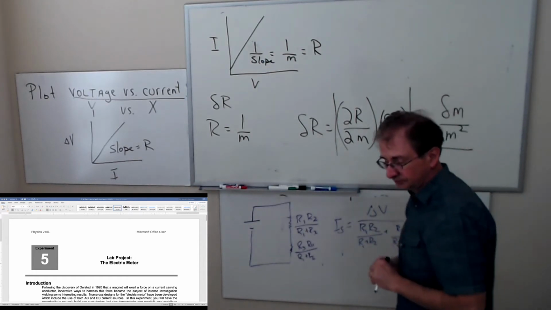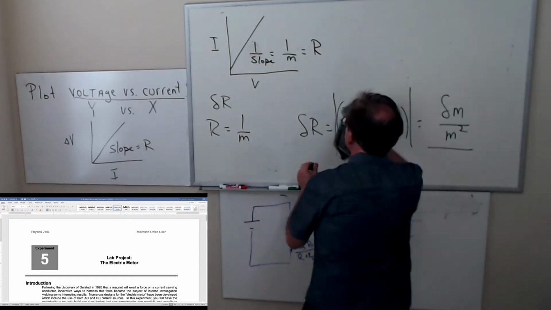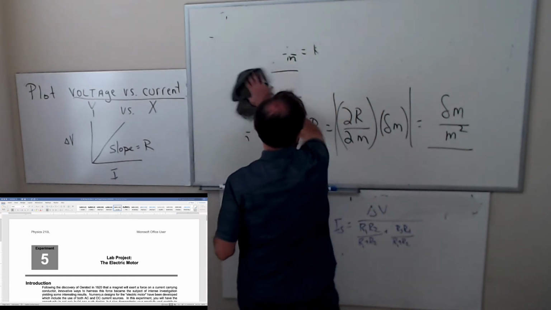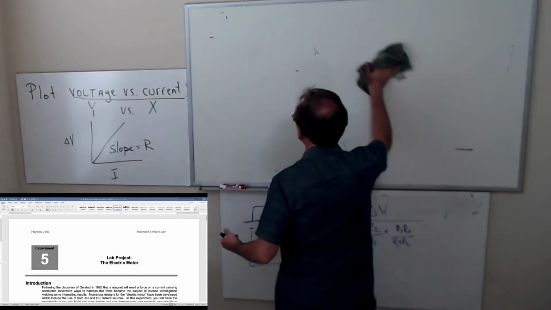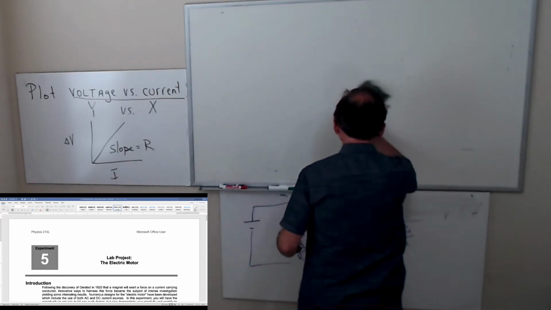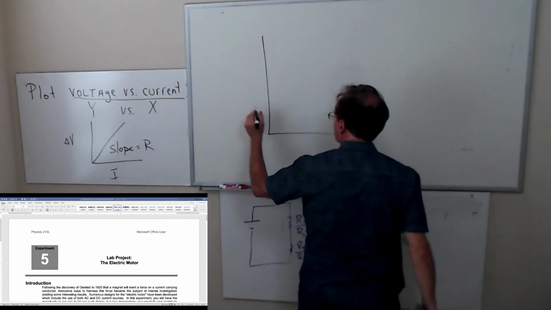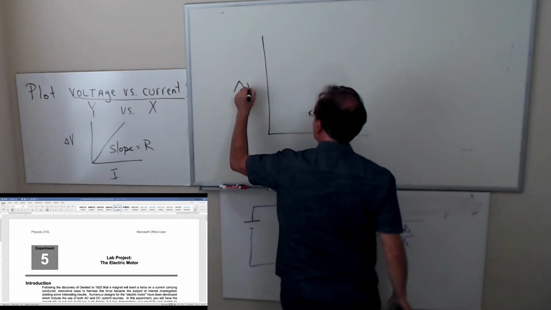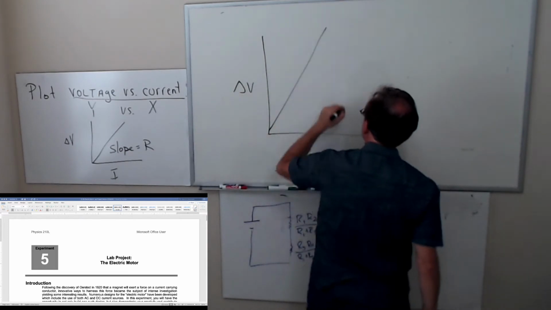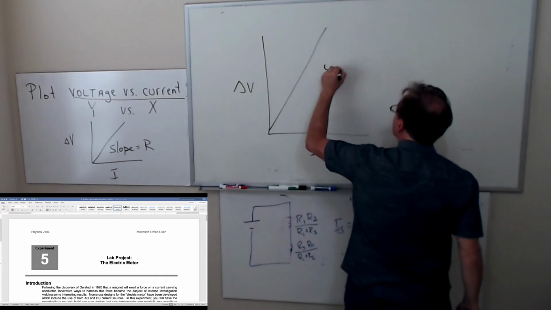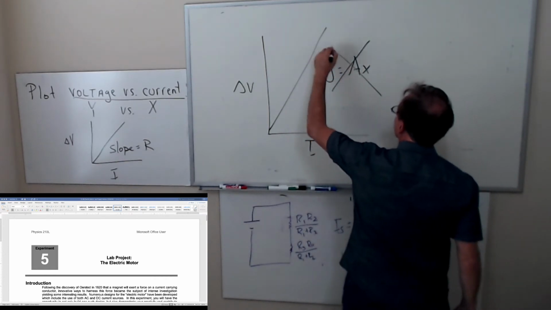Another thing, I saw this a couple times. Now, we know the graph is going to be linear for Ohm's law, a straight line. And some people plotted this. And I say don't do that.